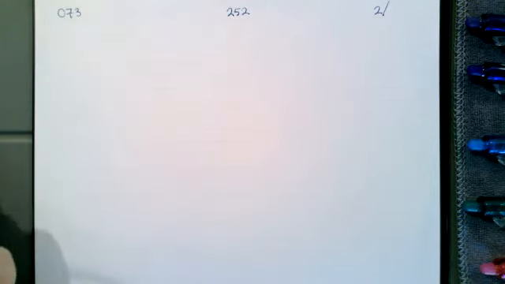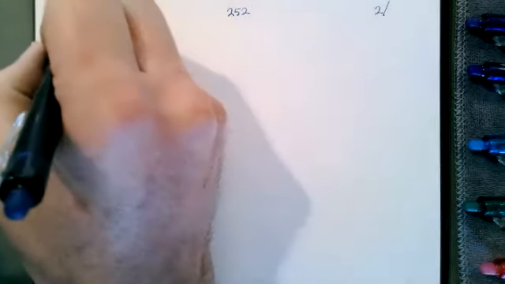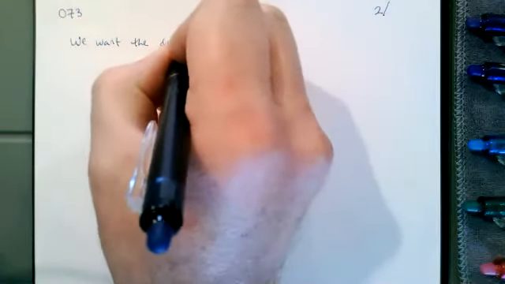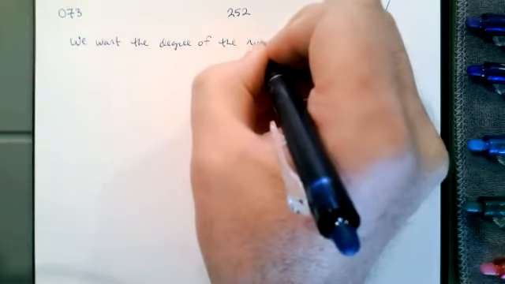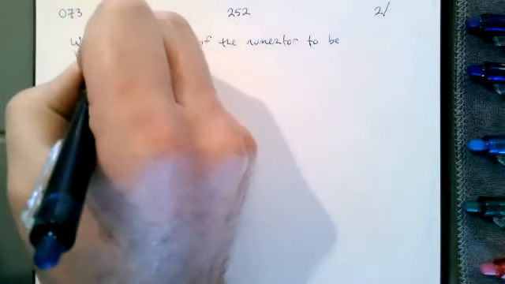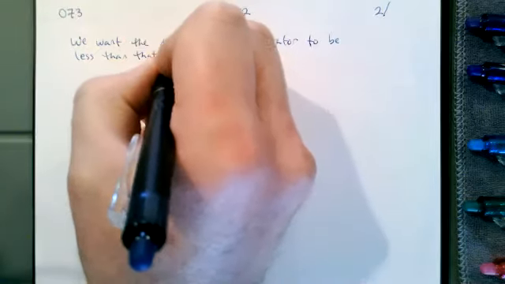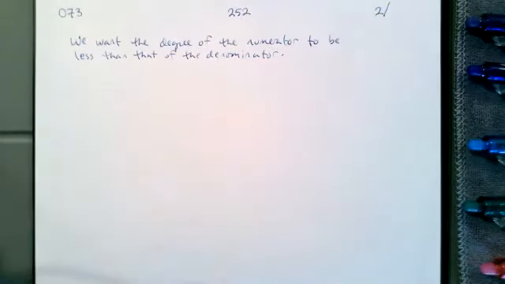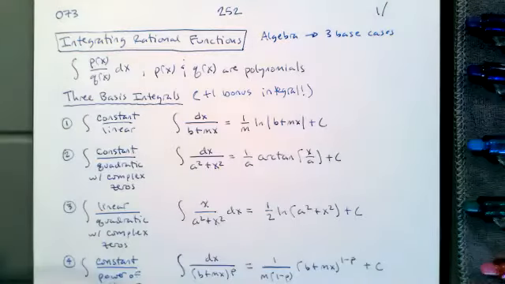So we need to use long division to rewrite our polynomials, because what we want is the degree of the numerator to be strictly less than that of the denominator, because those are the cases that we have.